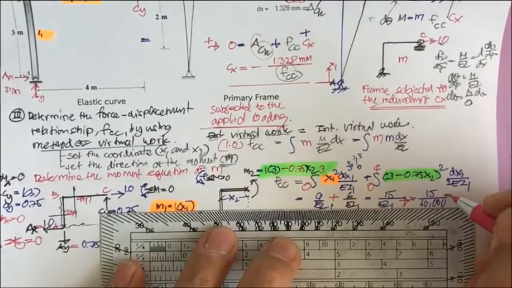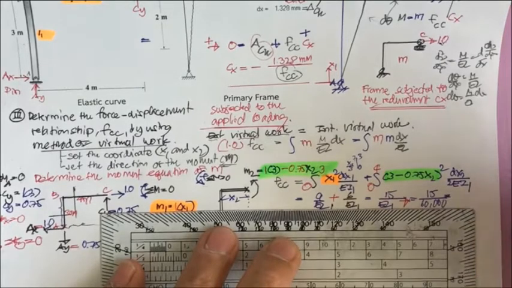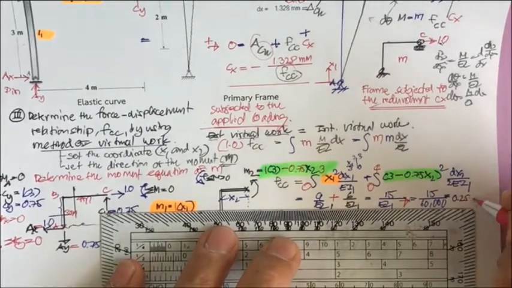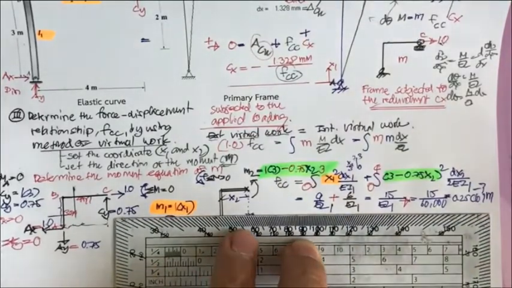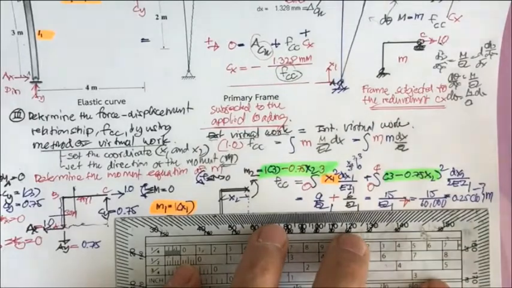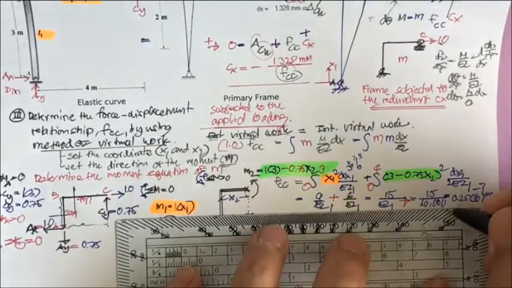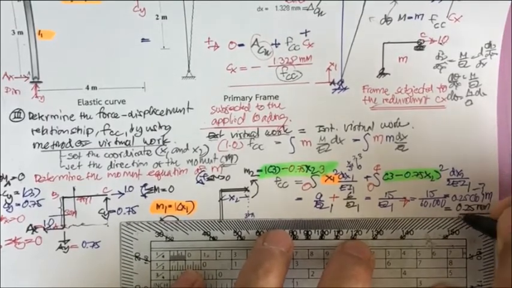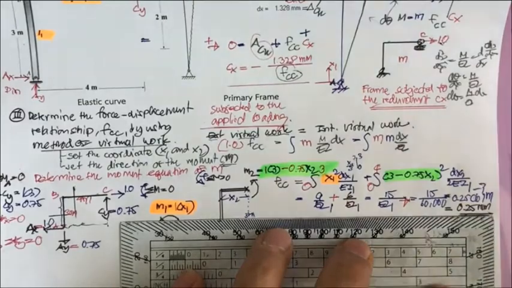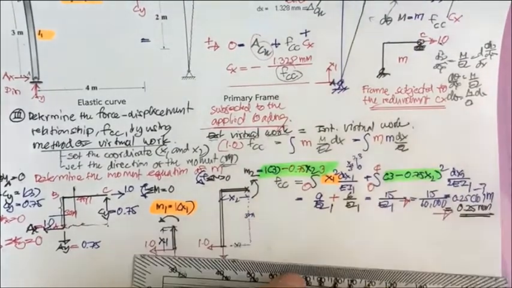So 15 divided by 60 is what? 15 by 0.25. And then 10 to the minus 3 meter. And you don't want to have it in meters, right? You're going to have it in millimeters. So this one is going to be 0.25 millimeter. And it's going to provide the direction in this direction.